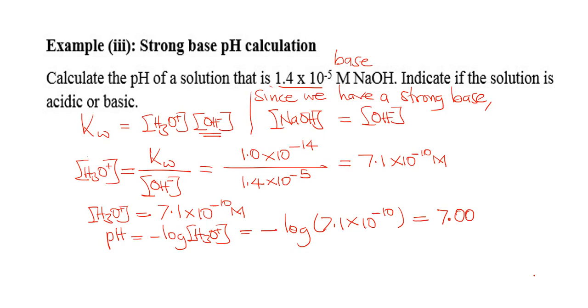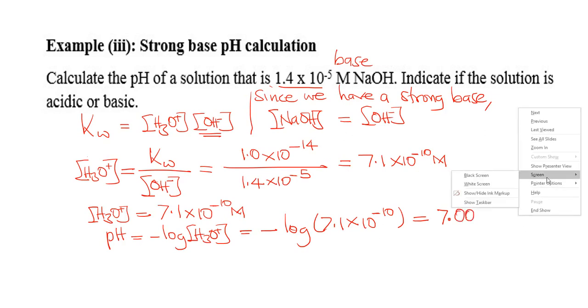Negative log 7.1 times 10 to the power negative 10. Yeah, it gives us a pH of 9.15.